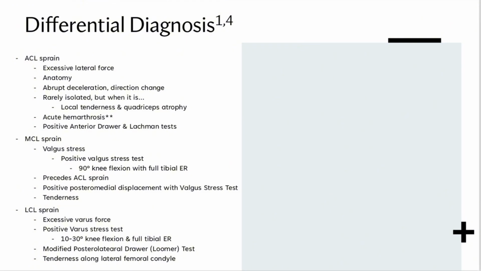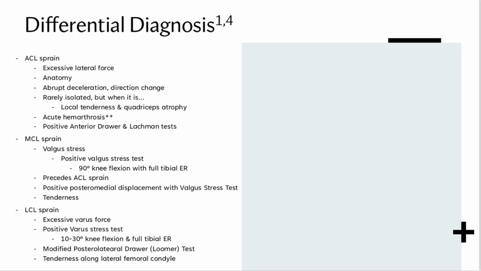The MCL sprain can be confirmed by a positive posterior medial displacement valgus stress test or a positive valgus stress test when the knee is in 90 degrees of flexion and the leg is in full tibial external rotation. A common symptom of the MCL sprain would be tenderness along the medial aspect of the knee.